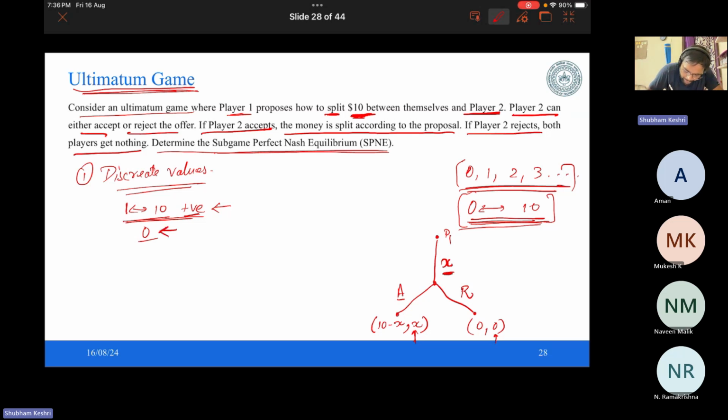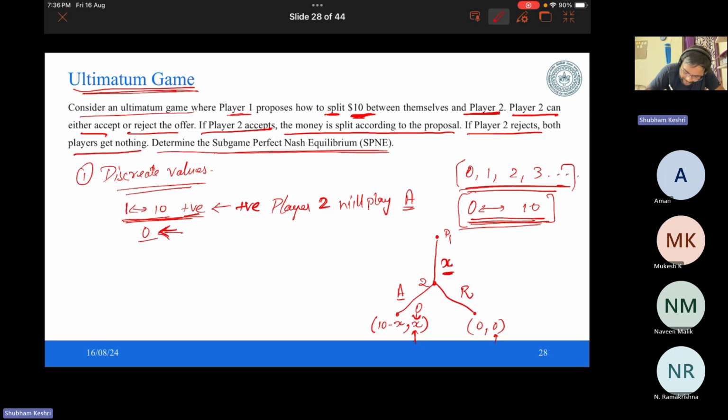Now, when player 1 is playing 0, you see this will become 0, and player 2 can either accept or reject. Either accept or reject, and in that case, you are not sure. So player 1 is not sure what player 2 will do. Is this all right? When player 1 is playing a positive strategy, player 2 will play accept.